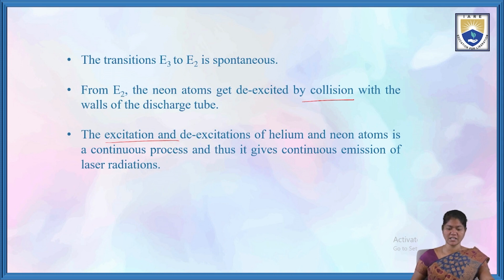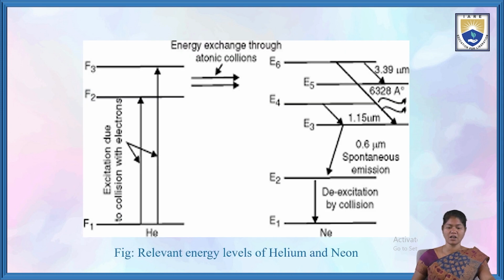Let us see the energy level diagram: how the helium atoms get excited, how they collide with the neon atoms, how the neon atoms take the energy of the helium atoms, and how they transit to lower energy levels and to the ground energy level by de-exciting.